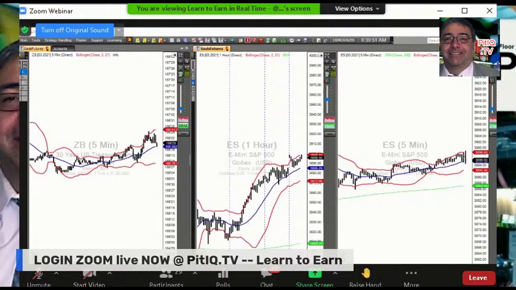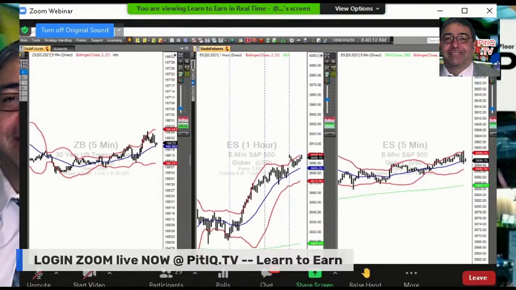They have different risk tolerances, so some trade off of the hourly, depending on what your goals are, how much your stops are, and how much risk you're willing to take. But since we're scalping the market, I think the 5 minute gives us a good opportunity to stay in a trade and to find those trades.